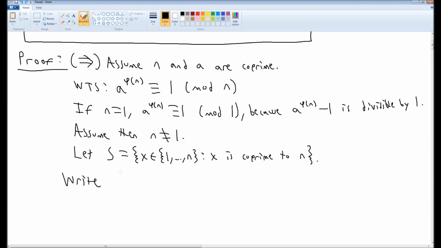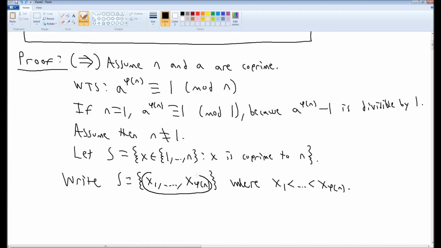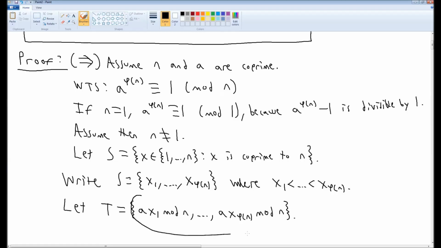We can write S in the form x1, x2, dot dot dot, all the way to x phi of n. So there's phi of n elements in all, where let's say x1 is less than or equal to x2, etc. So we list them in increasing order from least to greatest. So these are all the numbers between 1 and n which are coprime to n. Let T be this set.